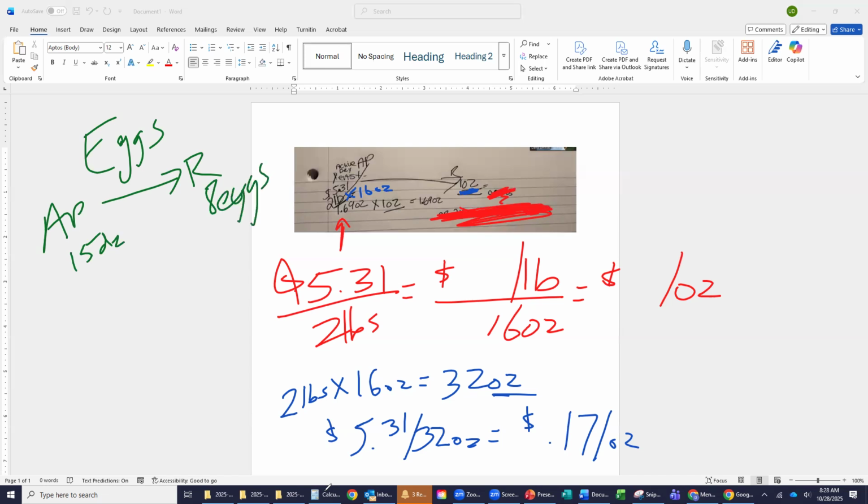Okay. Well, I know there's 12 eggs in a dozen. So if I multiply this 15 dozen by 12 eggs, that's 180 eggs.